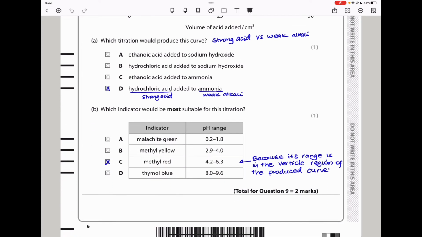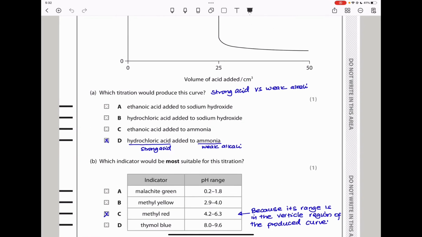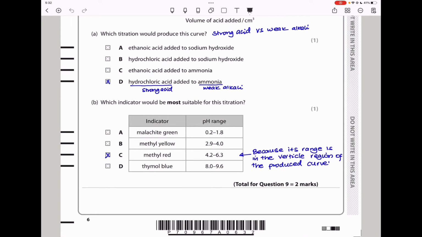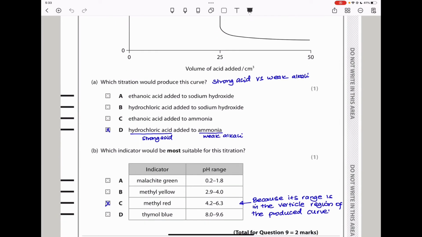Question B says, which indicator will be most suitable for this titration? If you want to know which indicator is most suitable, you have to look at the vertical part of the curve, because the indicator should have a pH range within the vertical part of the curve. So let's see, this is out of the range because this part will be a little bit lower than the vertical region.